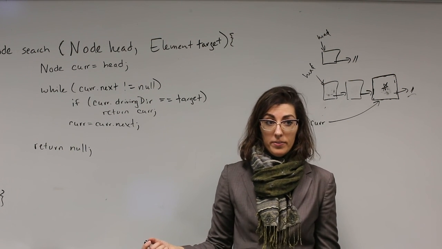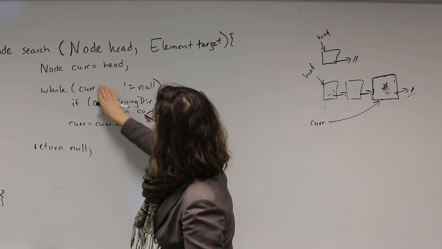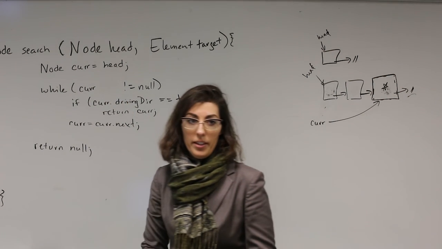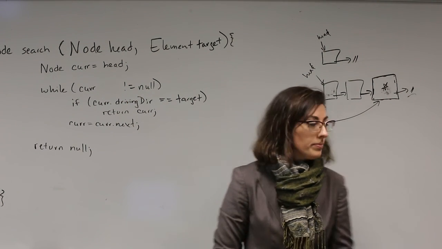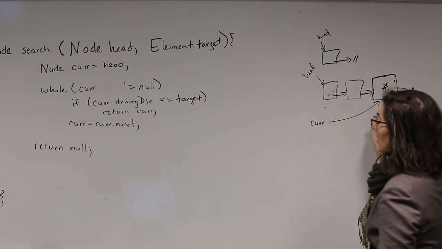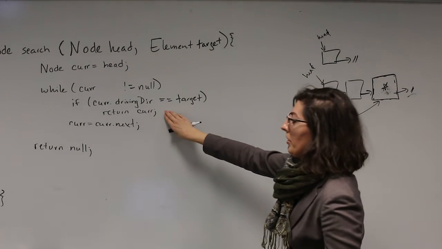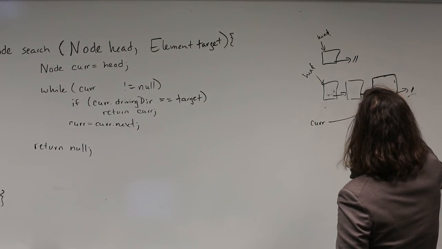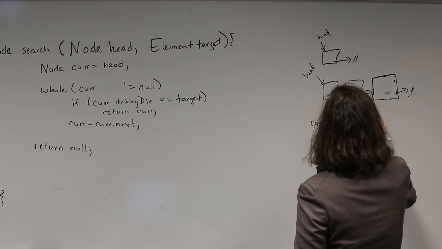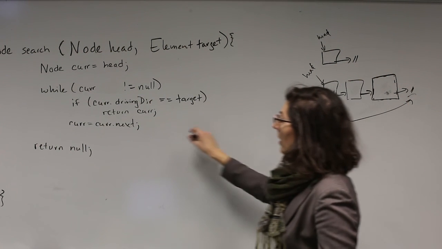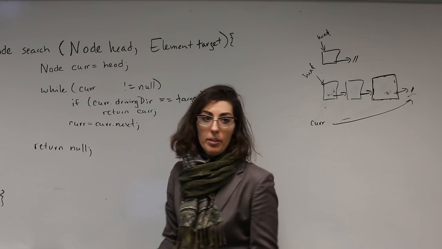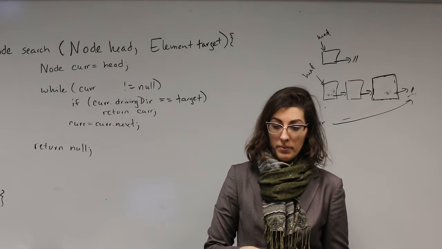How can I fix it? Let it go to the end. So here, when it's here, it would come in and that would return cur there. If the element was never in here, then current would get to null, at which point I would leave and return null because I couldn't find it. Questions?